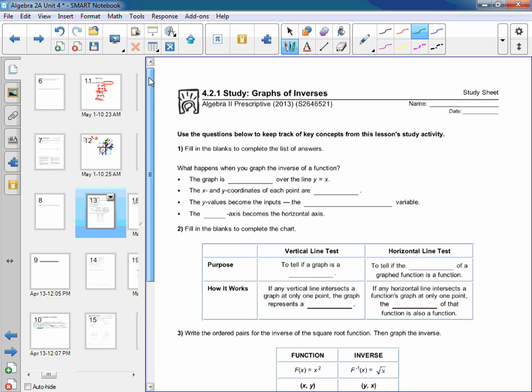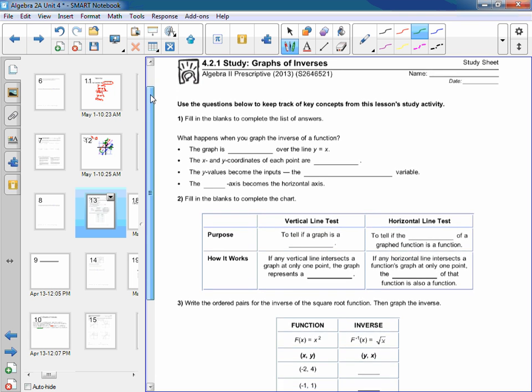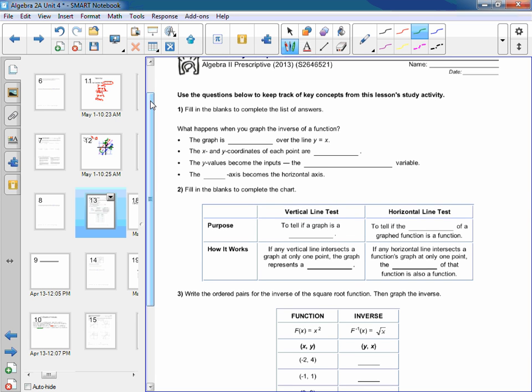So again, let's use that technique of getting out your study guide for section 4.2. Go ahead and print it out if you're here at school, or if you're at home, you can just take your own notebook out and take some notes here. But what happens when you graph the inverse of a function? We just did that. What happened? The graph is blank over the y equals x line. What word do you think would fit there?